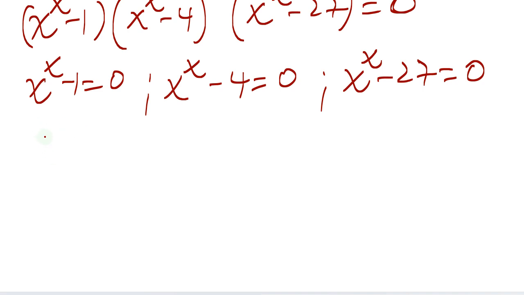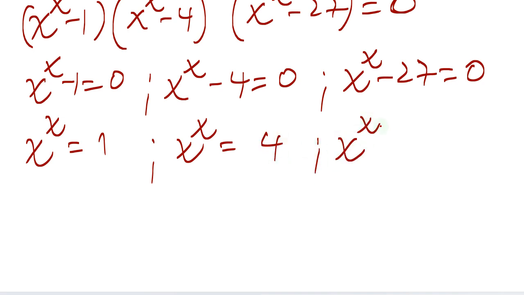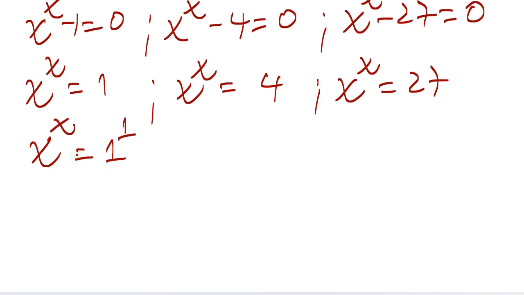Thank you very much. And so we're going to have x to the x is equal to 1 here, and x to the x is equal to 4 here, and then x to the x equals 27. So x to the x is equal to 1 to the power of 1, which means that x is equal to 1, so this is x1.